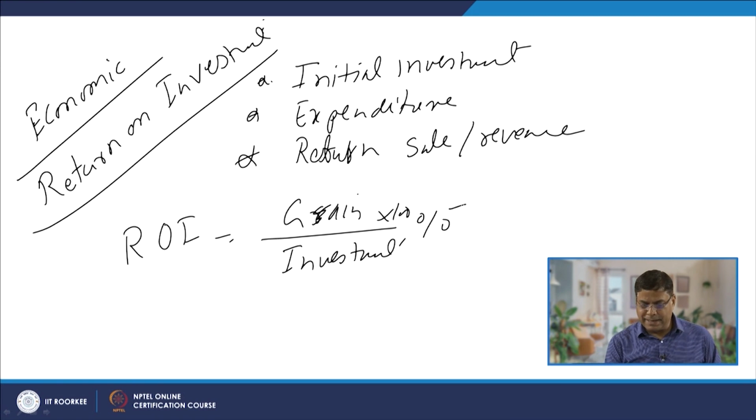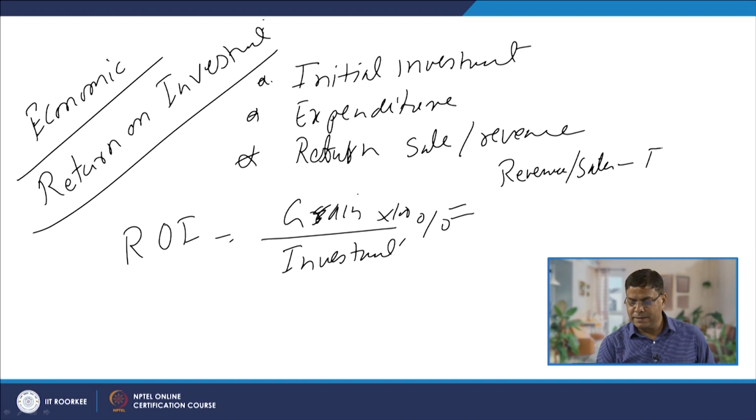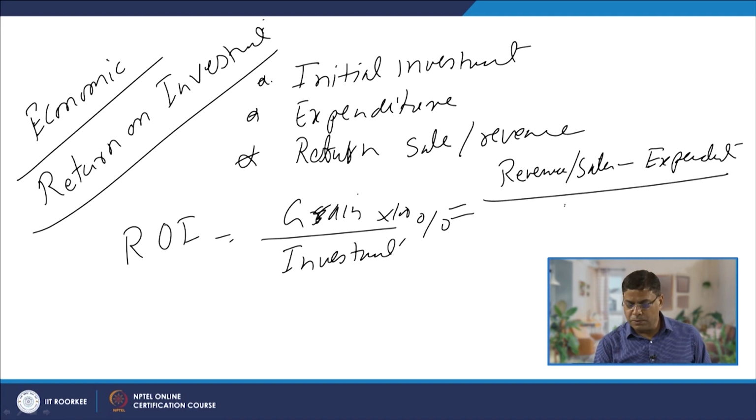The gain is identified through the revenues or sales minus the expenditure under the different heads, divided by the total initial investment which is being made. This into 100 will give us the percentage of the return on investment.